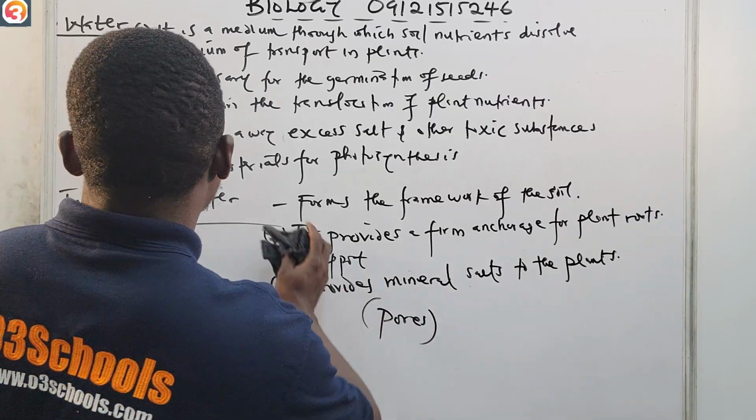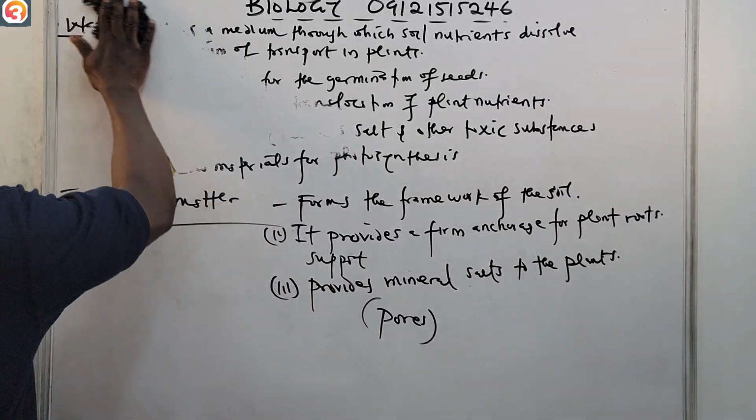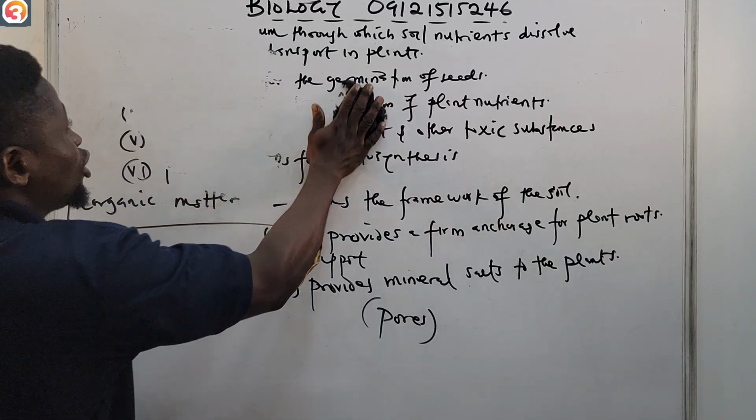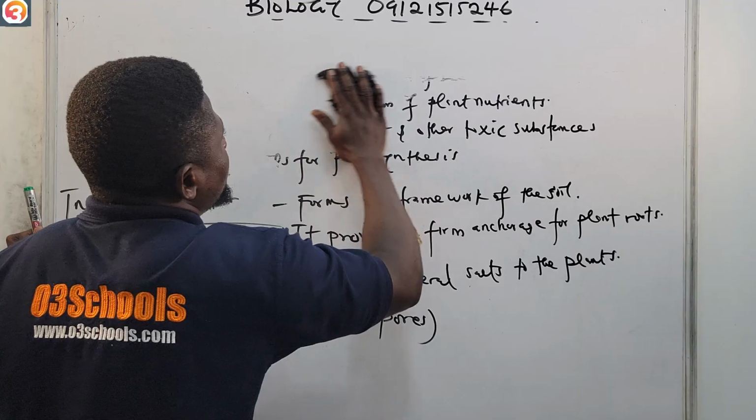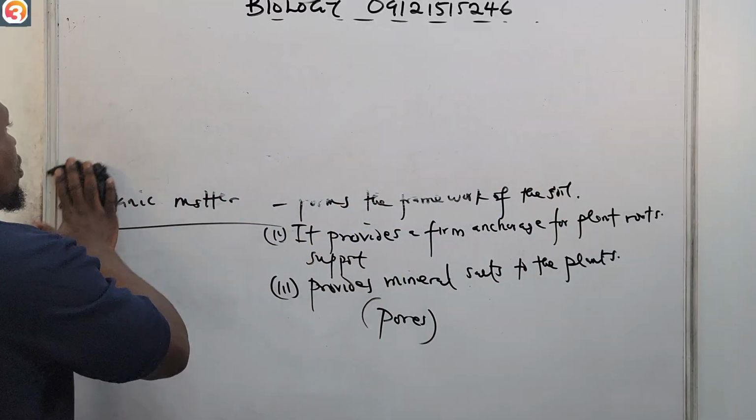Now let us talk about the organic matter. Organic matter is the source of food for soil organisms.